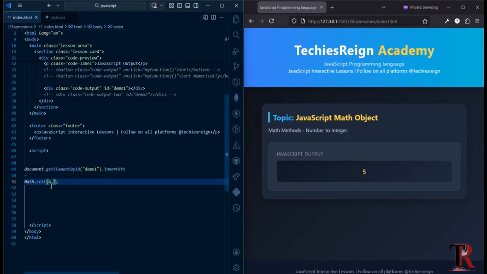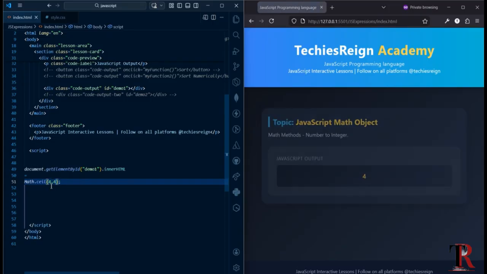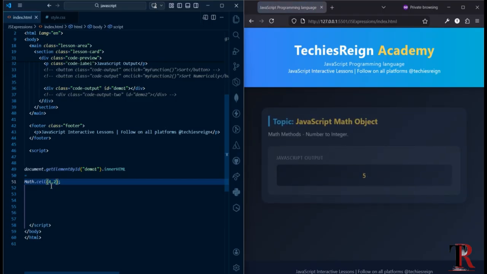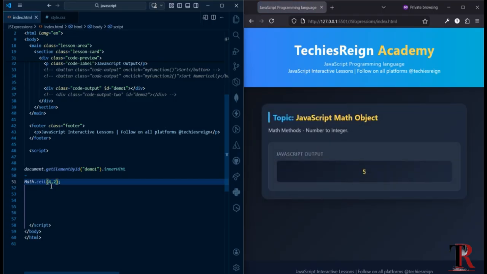So I change this now to 4.7. It's still 5. 4.4, even 4.4 now. During the last lesson, when we used Math.round, you can see that 4.4 remained as 4 and not 5. But as for Math.ceil, it rounded it up to its nearest integer, and so 4.4 with Math.ceil is 5 and not 4. What if I put 4.2? 4.2 is 5.